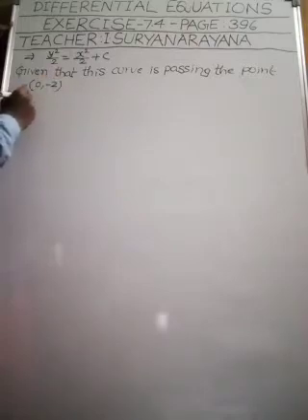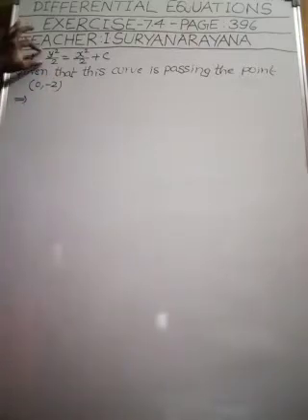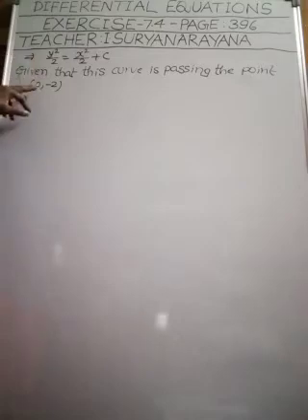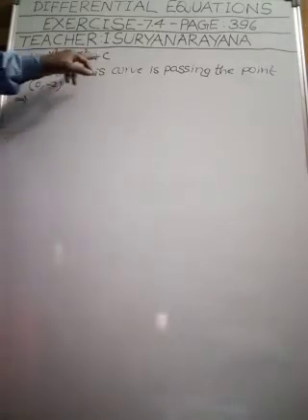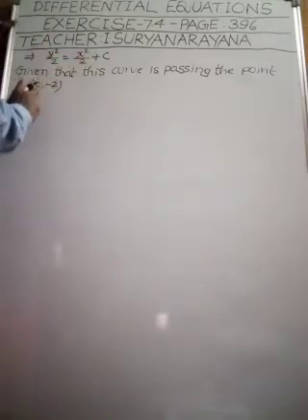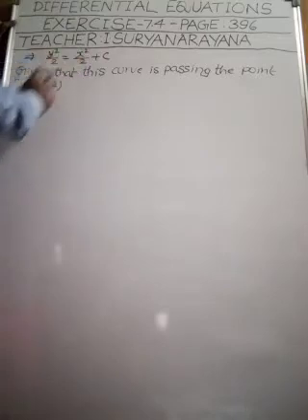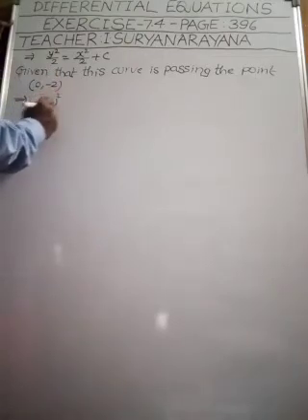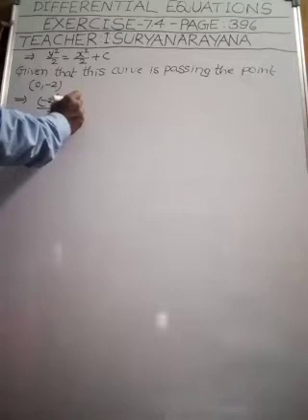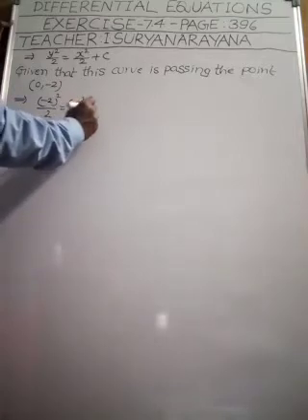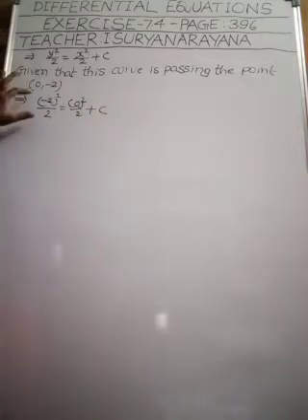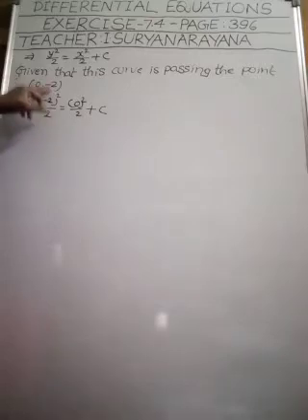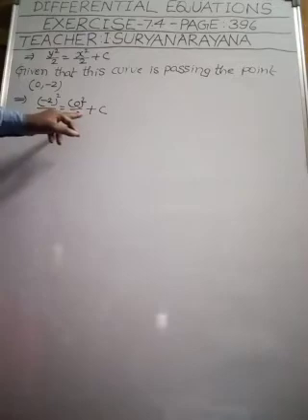This implies, since this curve is passing through this point, it should satisfy this equation. Okay, my children, means we have to substitute this point in this equation where x is equal to 0, y is equal to minus 2. Okay, my children. So minus 2 whole square by 2 is equal to 0 square by 2 plus c. Understood this step, my children? We are substituting x is equal to 0 and y is equal to minus 2 in this equation. Then we got this step.